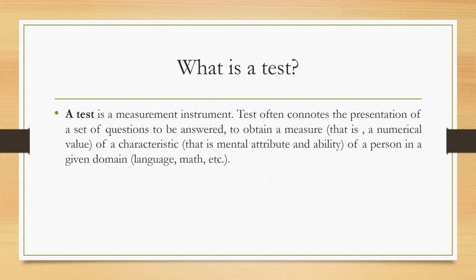So this measure, which comes in the form of a numerical value, is a judgment of what? It is a judgment of a characteristic, a feature. What kind of feature? It can be a mental attribute, knowledge, and ability of a person in a given domain. For example, language, math, etc.